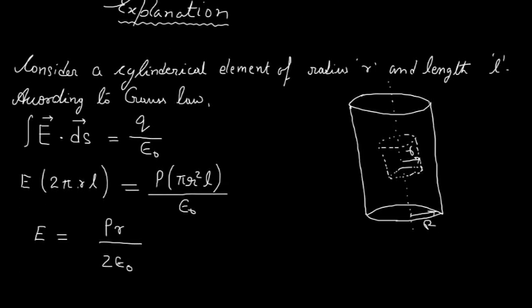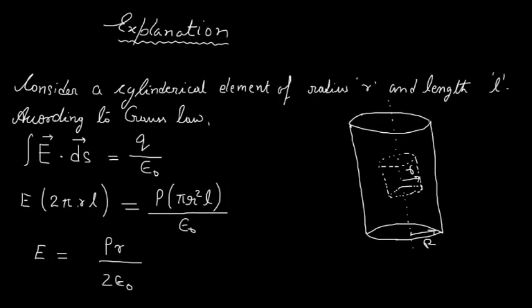Explanation: consider a cylinder element of radius small r and length L, according to Gauss law, as shown in the figure. According to Gauss law, the integration of E dot dS is equal to q by epsilon naught.